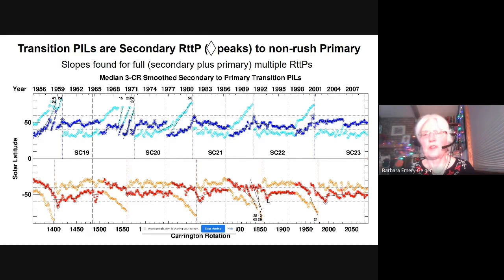We have diamonds at our transition peaks, and we try and do a fit. One of the things we have to do is, if we're going to do a harmonic analysis, we can't just do it on the locations. We really need to remove the mean and the slopes. Like, you can't really put in this slope for the rush to the pole. It's not going to give you anything in your oscillations that you want to see.